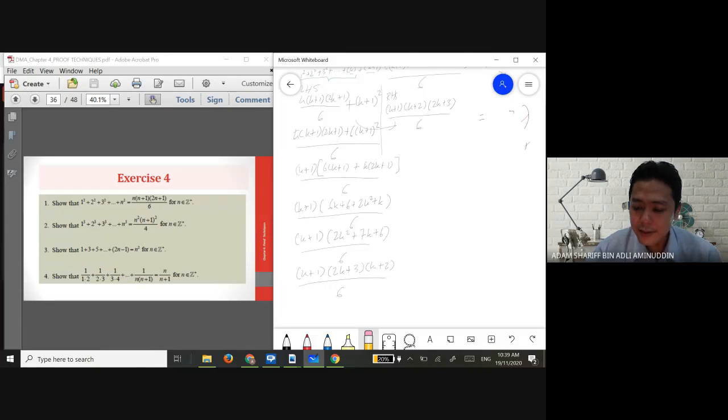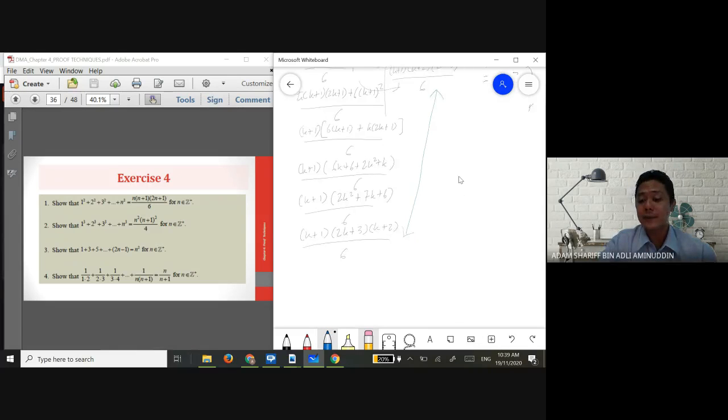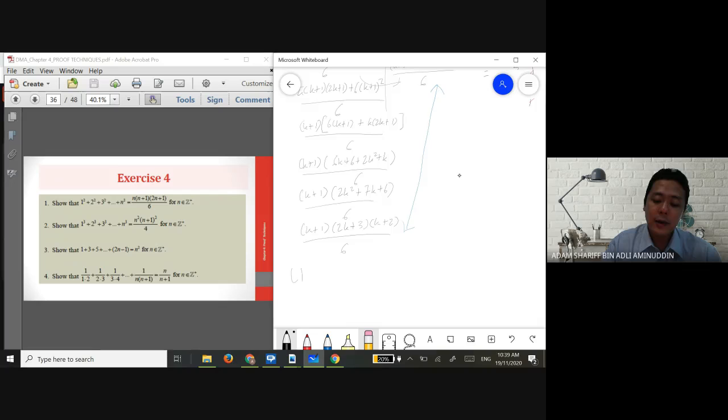Right now it's similar. Left hand side is equal to the right hand side. Therefore, left hand side equals right hand side for P(n) with n equals k plus 1 is true.